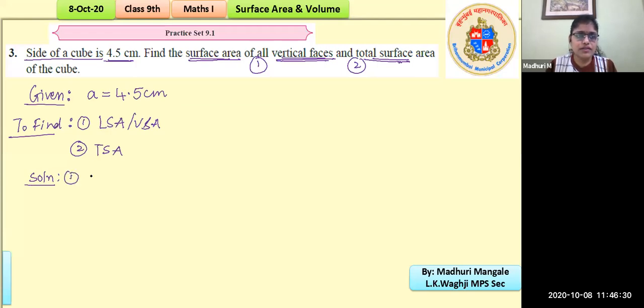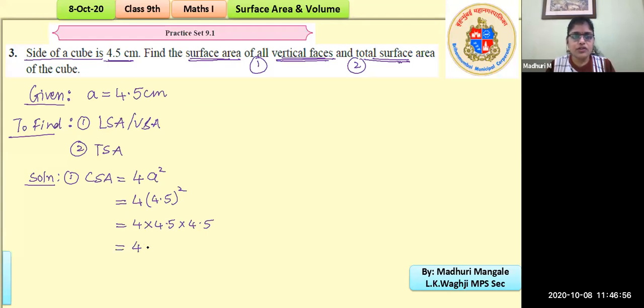The first one, that is the curved surface area or the lateral surface area or the vertical surface area, the formula is 4 side square or 4a squared, which is equal to how much? We are just going to substitute. So a is 4.5, 4.5 squared. So that would be 4 into 4.5 into 4.5, correct?